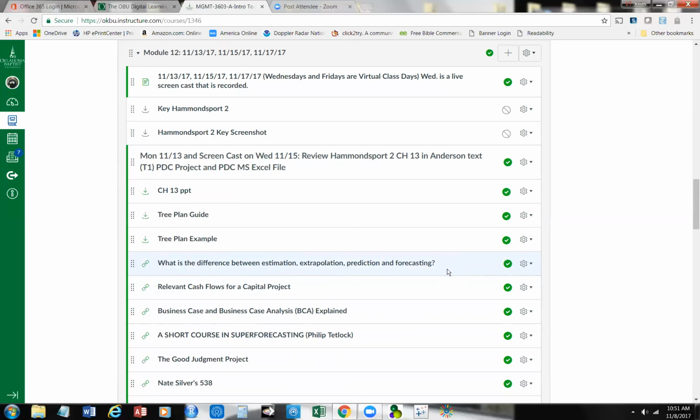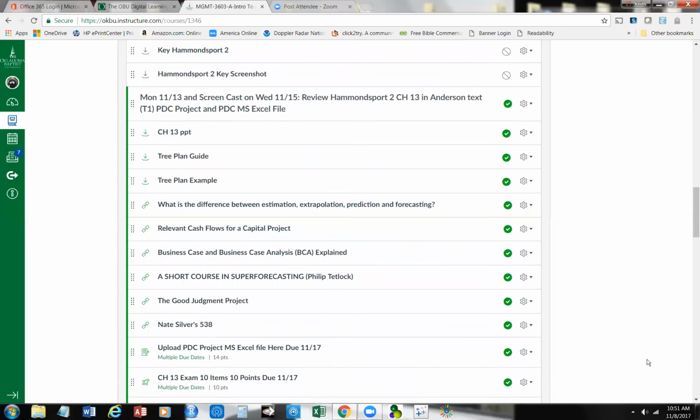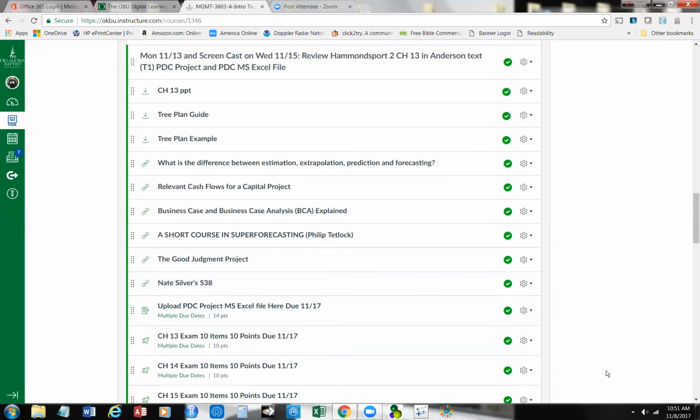And then we apply those concepts within a capital budget issue. I have some other resources there: a short course in super forecasting, the Good Judgment Project, and Nate Silver, a well-known pollster, and his 538 site.